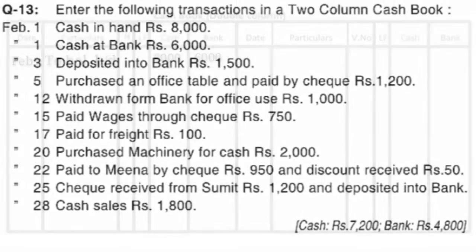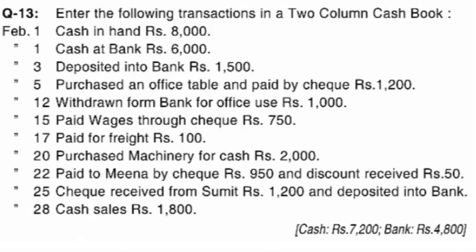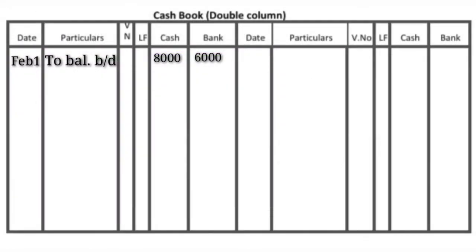Next, on February 3rd, deposit into bank rupees 1,500. When we deposit cash into the bank, what will happen? Our cash is decreasing and bank is increasing, right? So cash decreases and bank increases.